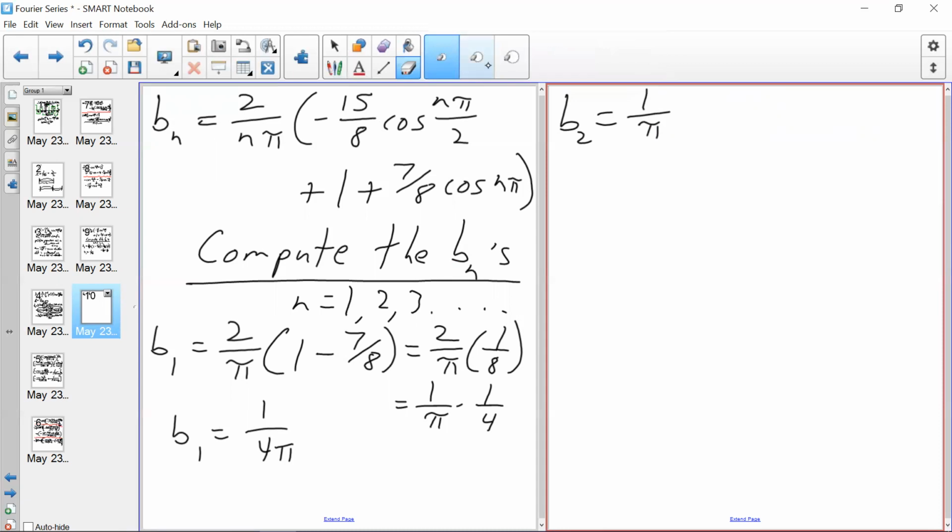So this is 2 over 2 pi, and then from our term before in these b sub n's here, since that'll be 2, that's going to be cosine of pi, instead of just pi over 2.